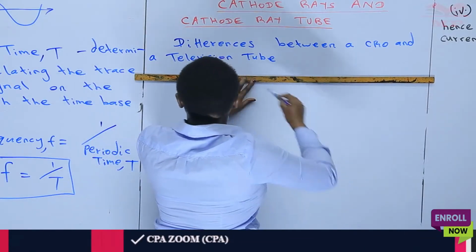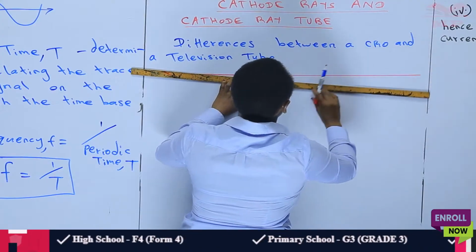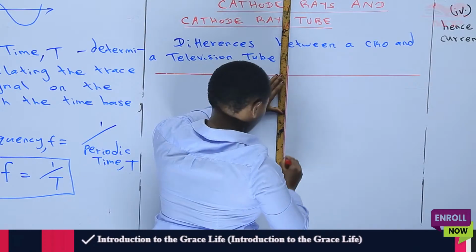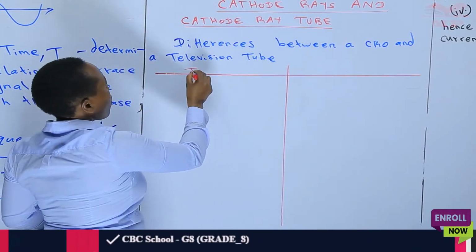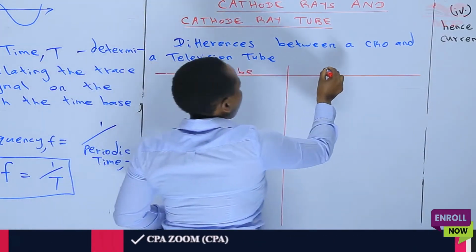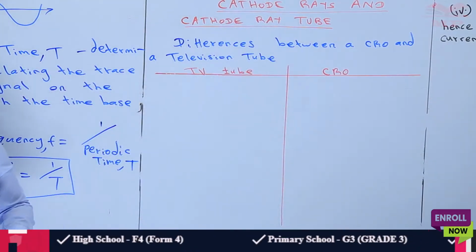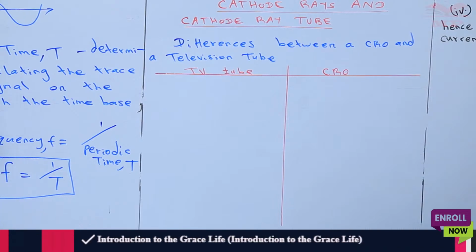We can just have a table. On one side we have the TV tube, and on the other side we have the CRO. So we want to see what are the differences between a cathode ray oscilloscope and a television tube.